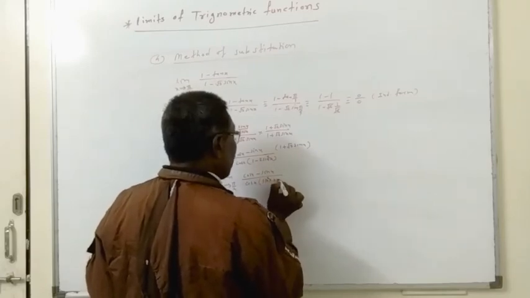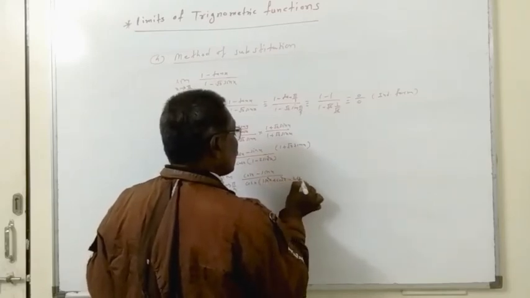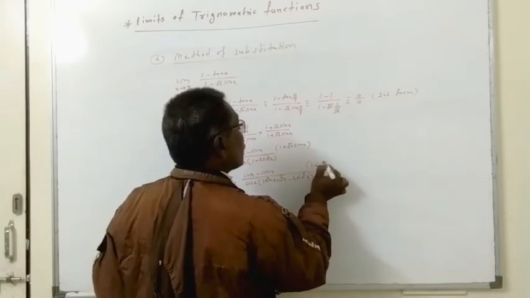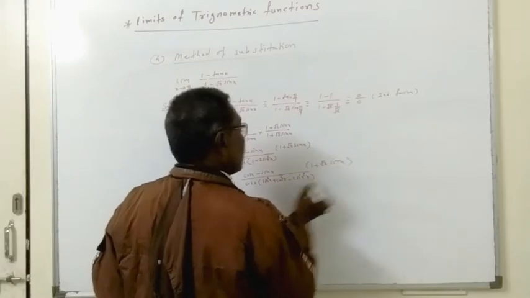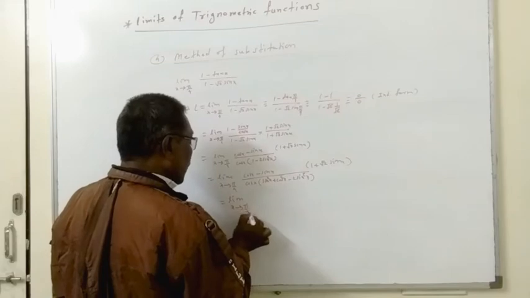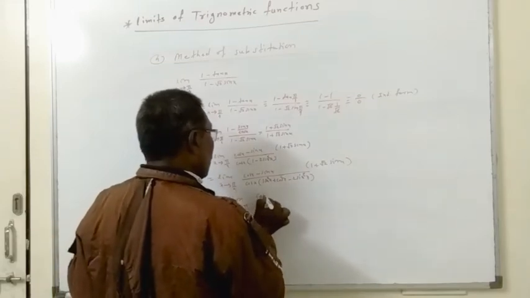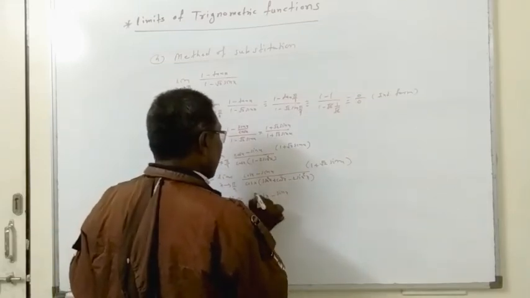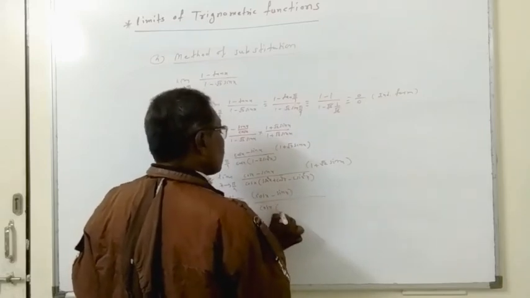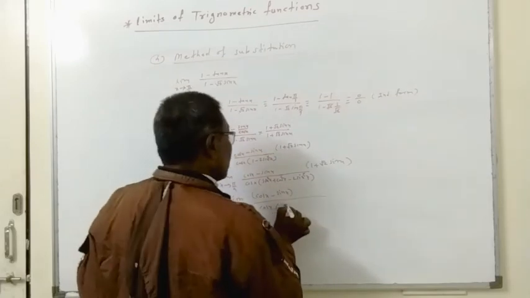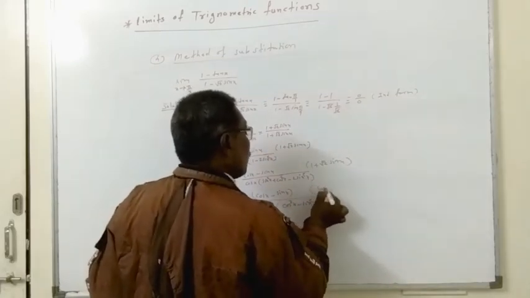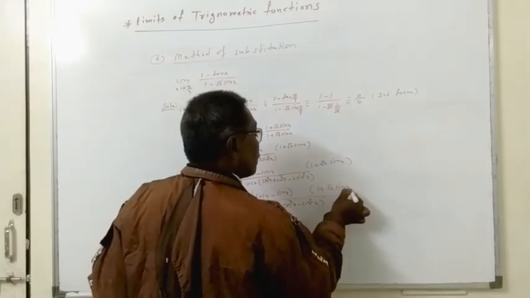So sin square x plus cos square x minus 2 sin square x, into 1 plus root 2 sin x. So we can write this as limit x tends to pi by 4, (cos x minus sin x) divided by cos x, and this is coming as cos square x minus sin square x, into 1 plus root 2 sin x.